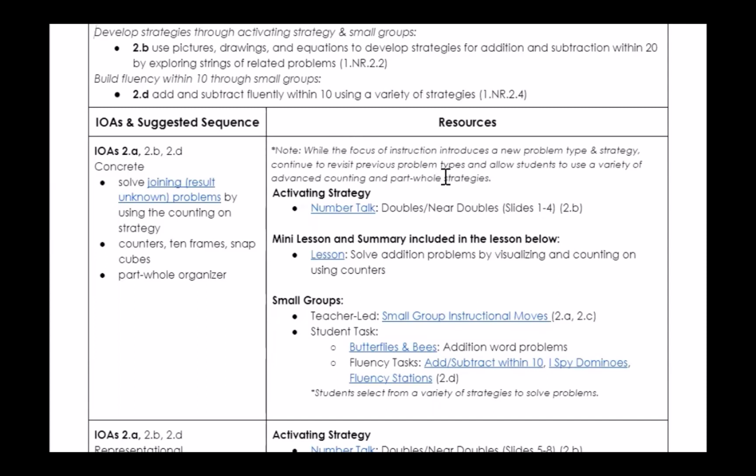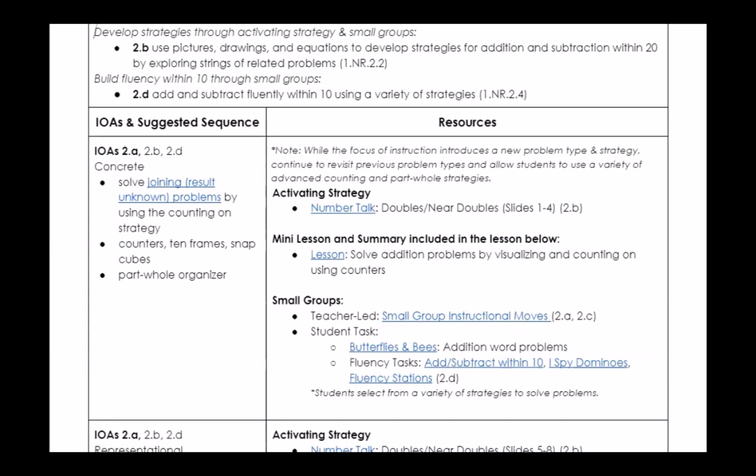So we're going to continue to introduce new problem types and new thinking strategies, but students have the flexibility to choose the strategies that make sense to them and that work best for them. So just making sure they're able to be flexible, and we're continuing to revisit problem types in our small groups as well.